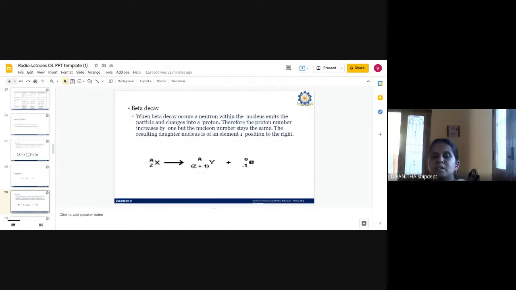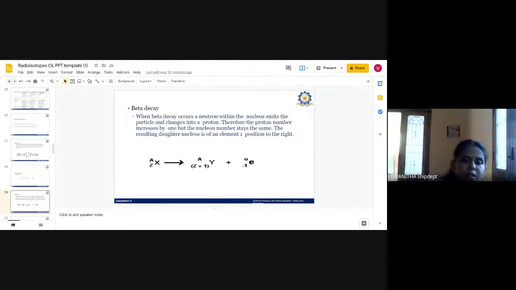So next one is beta decay. Beta decay occurs when a neutron within the nucleus emits a particle and changes into a proton. So here the proton number increases by 1, but the nucleon number stays the same.